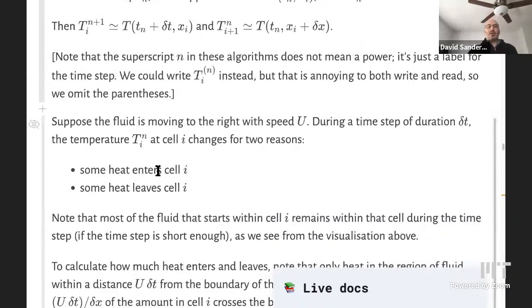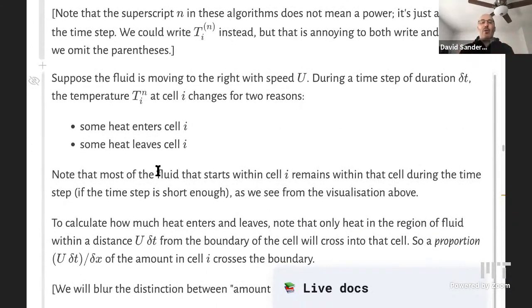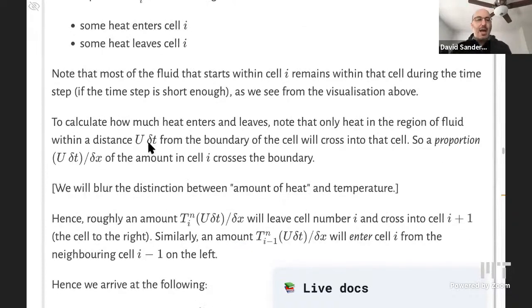Okay, so how can we write down the equations that tell us how the temperature in a given cell changes over time? Well, it just changes, as we just said, because heat enters and heat leaves. And we need to calculate how much heat enters and how much heat leaves. The heat that enters is the amount of heat that is currently within a distance u, the velocity of the fluid, times delta t, the time step, from the boundary of one cell.